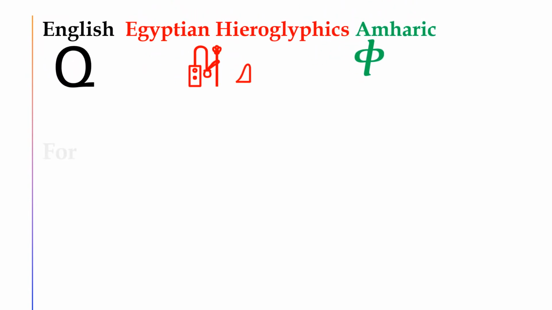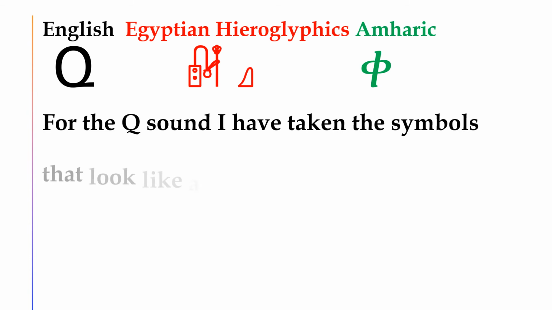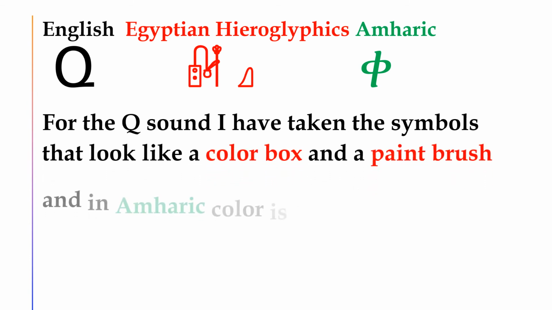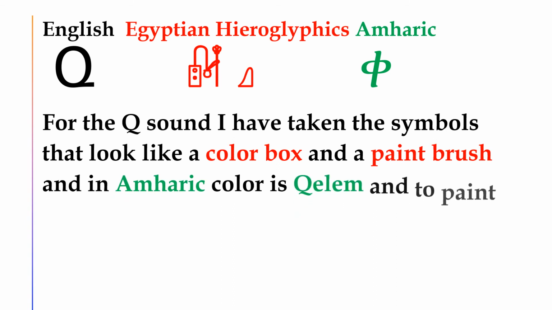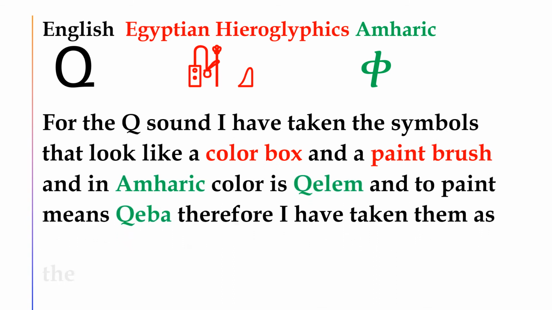Then comes the Q letter. For the Q letter, I have taken these two Egyptian symbols. As you can see, the first one looks like a color box, and the second symbol looks like a paintbrush.